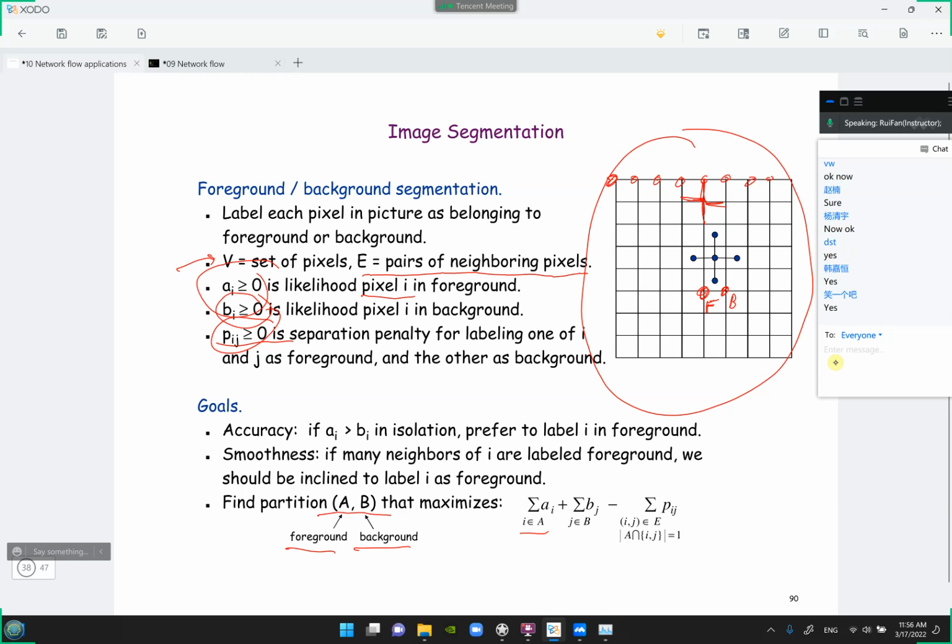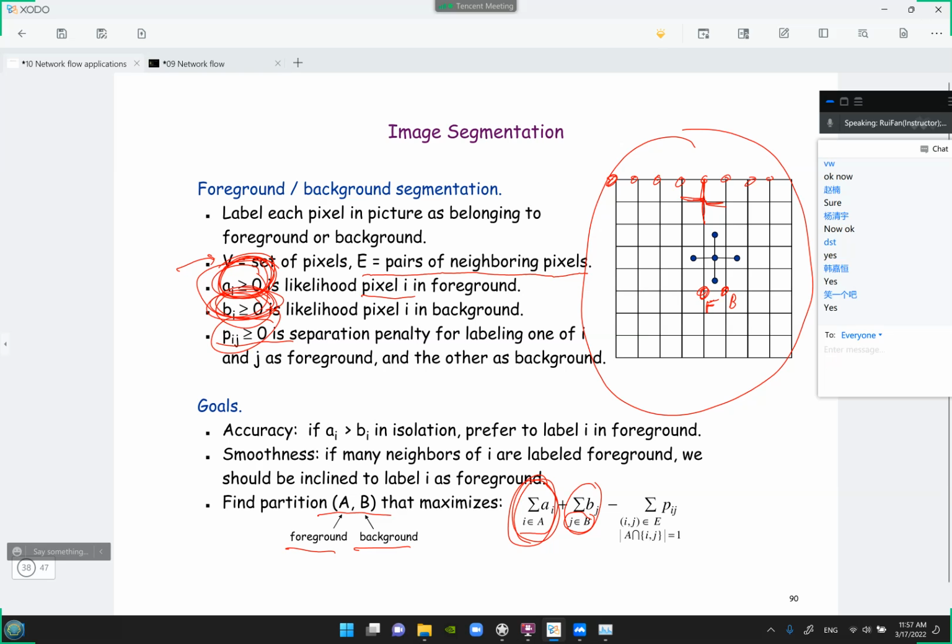What you want to do is maximize the probability for the foreground pixels: each of them has a probability that it's in the foreground, so you want to maximize the sum of their probabilities. And for the background pixels, each of them has a probability that it's in the background, so you also want to maximize the sum of those probabilities.